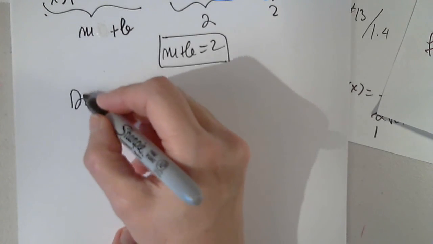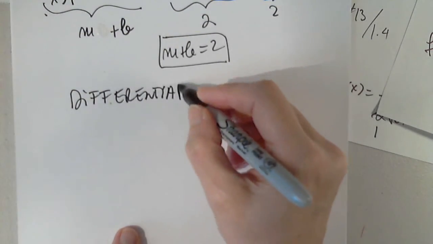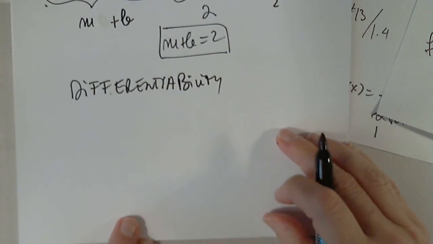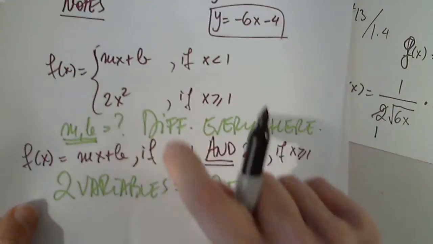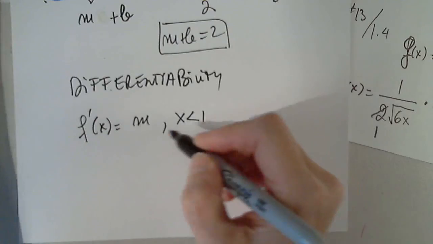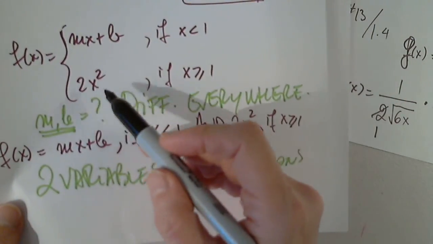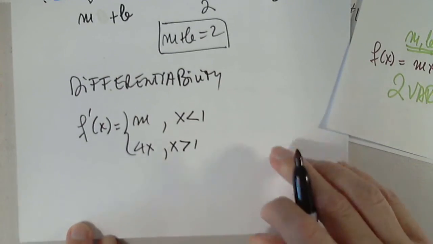Now, differentiability. So I could write f prime immediately as obviously m for x less than 1, and obviously 4x for x greater than 1.